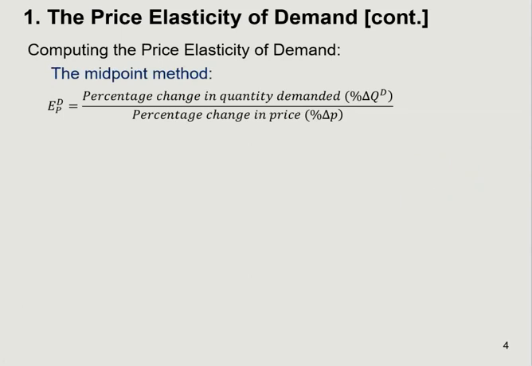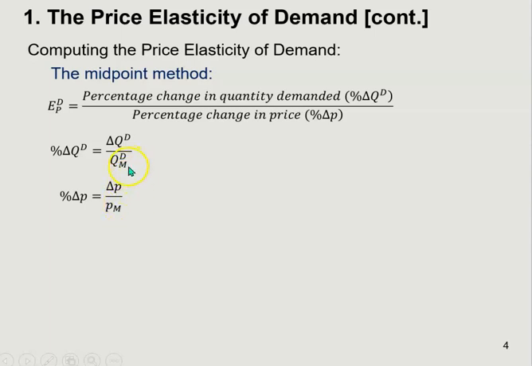Let's do the second example once again with this midpoint method. Again, the elasticity is defined the same way: percentage change in quantity demanded over percentage change in price. In the denominator, instead of using the initial level of quantity and price, we use the midpoint quantity and price.